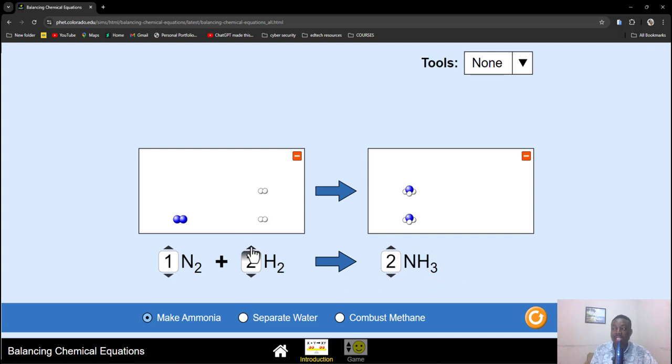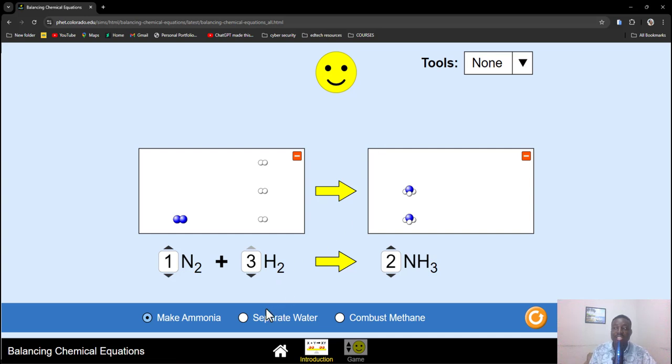If I click this and this, you can see now I have 3 times 2, 6 hydrogens, and another 6 hydrogens here. So you can even count them from here. You see here we are getting the smile emoji telling us that our equation is now balanced. So just imagine using this in your classroom and your students playing around with this until they're able to balance the equation. Just imagine how interesting that would be.